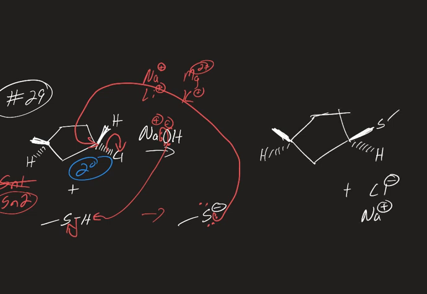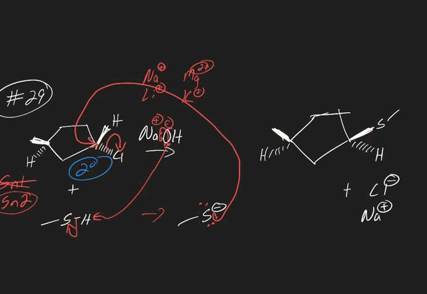Do you see that? Right, you deprotonate here. The sulfur becomes the nucleophile. SN2 reactions need to come from 180 degrees away. And it's going to pop this open. So if the leaving group was pointed down, the nucleophile had to come from the top, so the nucleophile would be wedged.